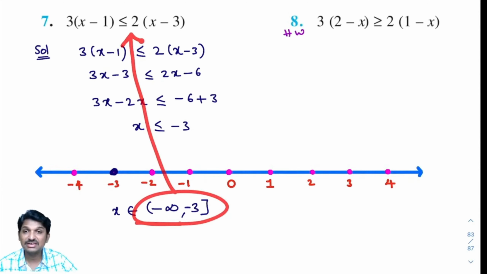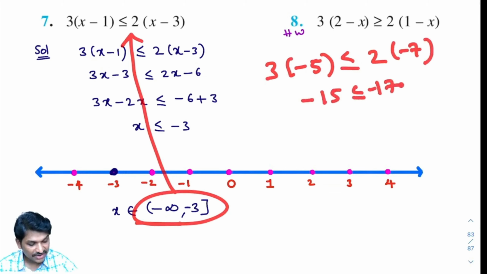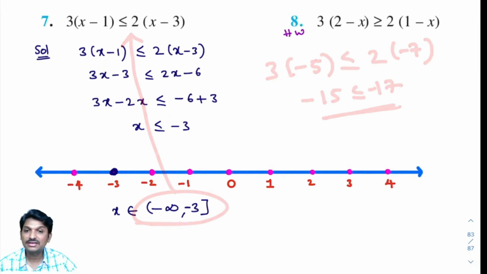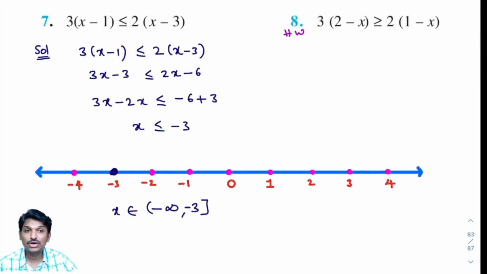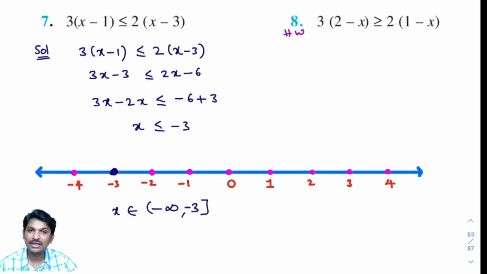You can observe all numbers less than or equal to minus 3. Substitute minus 4 in this, definitely satisfies. 3 into minus 4 minus 1, that is minus 5, less than or equal to 2 into, in place of x I am writing minus 4, minus 4 minus 3, that is minus 7. So minus 15 is less than or equal to minus 17. I hope you are all understanding. In this interval, you take any real x value, substitute in this, definitely it satisfies.